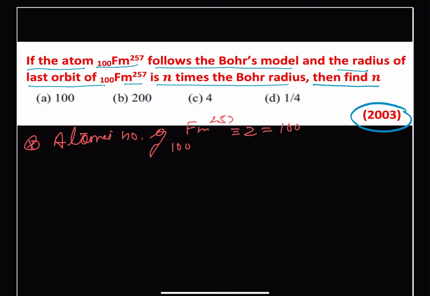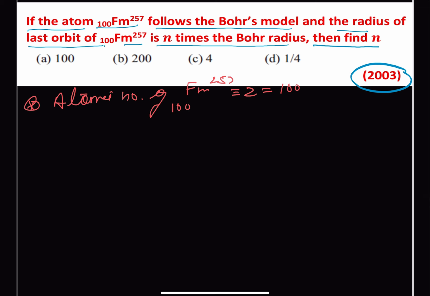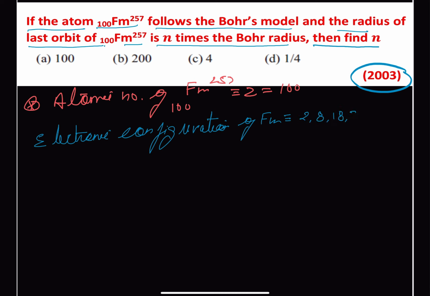And we can just write the electronic configuration of this Fm. The electronic configuration of Fm will be 2, 8, 18, 32 and 50.